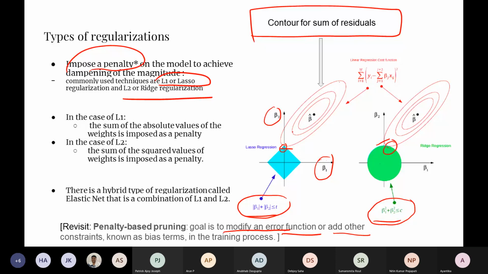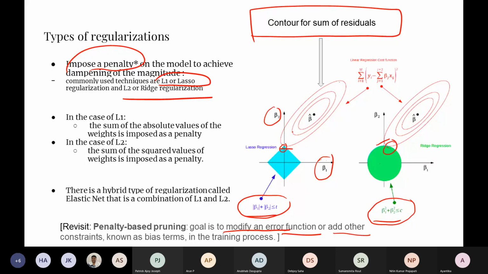Coefficients may be 0. So you can throw out that feature, you can introduce sparsity, and you can save in terms of your energy requirement, memory requirement, etc.